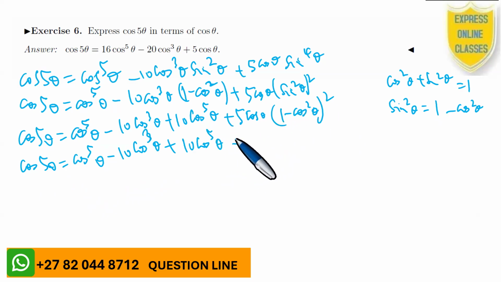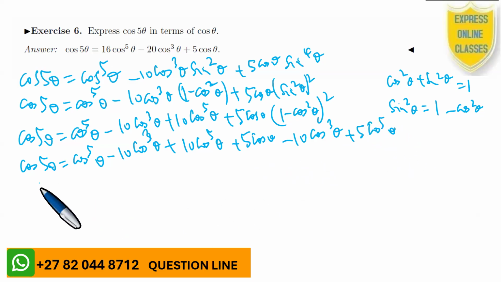Okay, if you square this one, it becomes 5 cosine theta. And then it becomes minus 2 of this, which is minus 10 cosine cubed theta. And then to the 4th power plus 5 cosine to the 5th power of theta. Then 10 plus 1 is 11, plus 5 is 16.